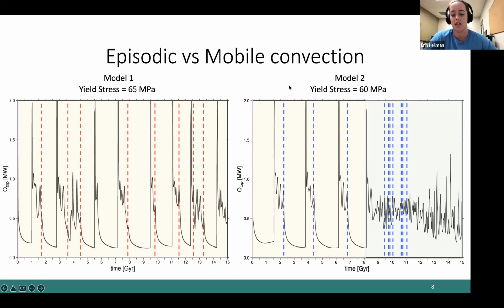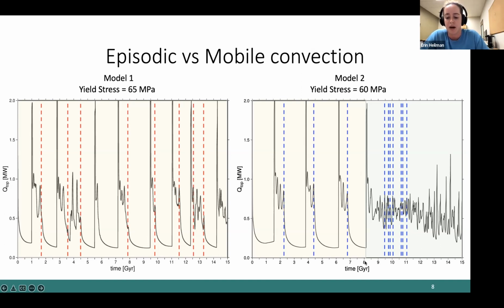And by mobile, we mean consistent subduction zones, something approximating plate tectonics like on Earth, where you have multiple subduction zones constantly working. At the beginning of this model, we still have a period of episodic convection where we have periods of stagnant lid, and then mobility that is shut off by some plume slab termination.